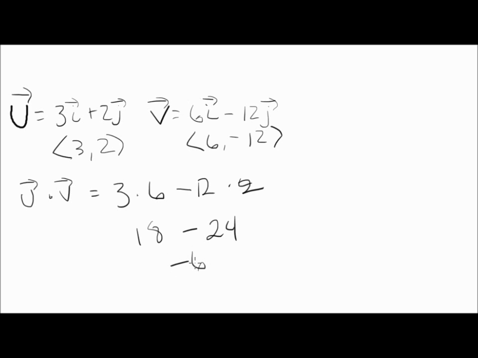Alright, so let's move on now, and let's find the angle between two vectors. If they give us vector u and vector v, and they're both in standard position, but they're not the same vector, and they want us to find theta, which is in between, we're going to have to use a formula.